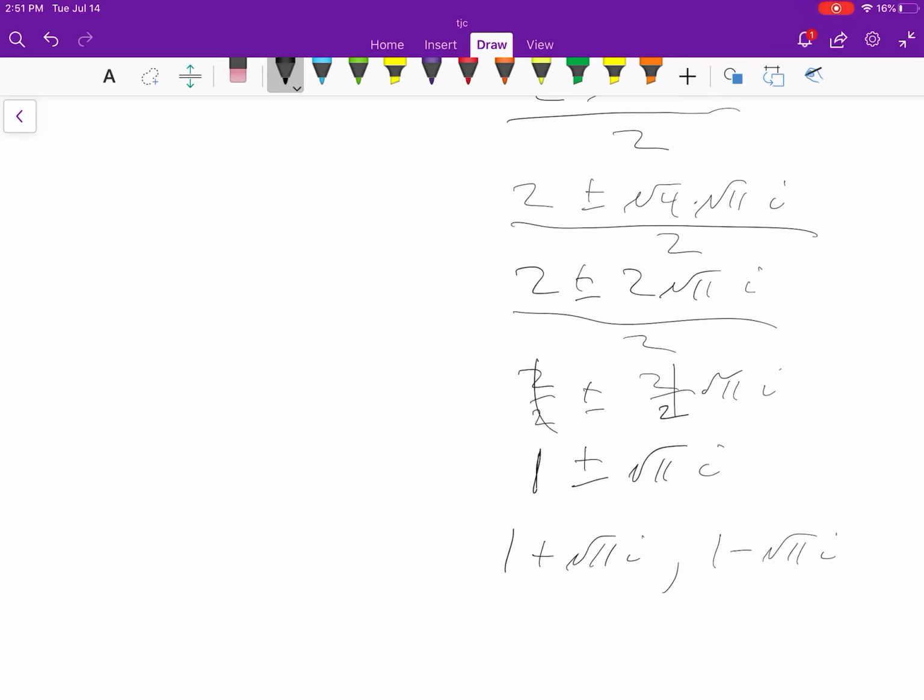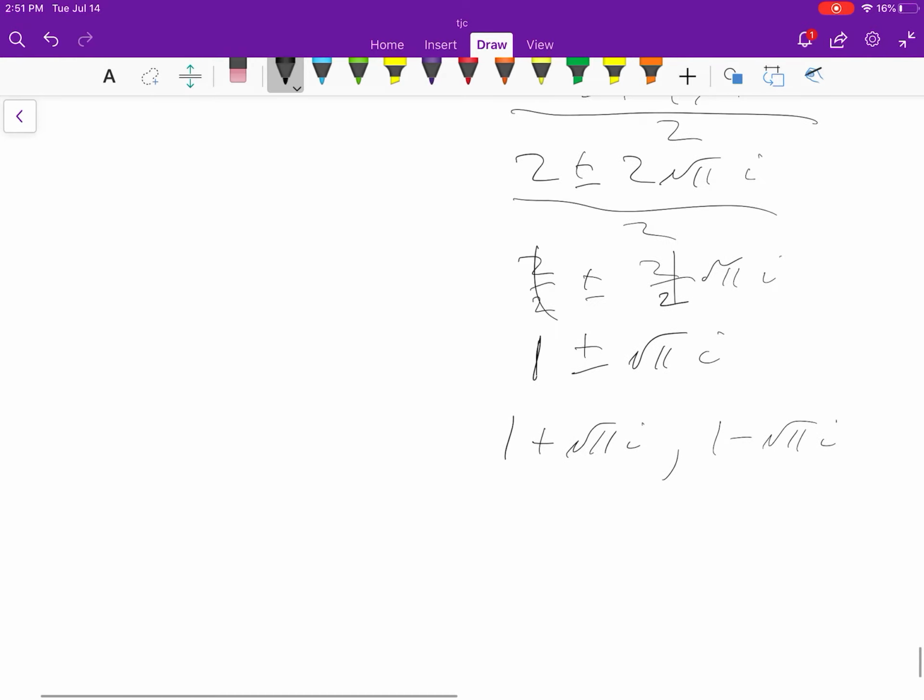There's one other possibility, and that's if the discriminant equals 0. If b squared minus 4ac equals 0. So an example of that would be, let's look.